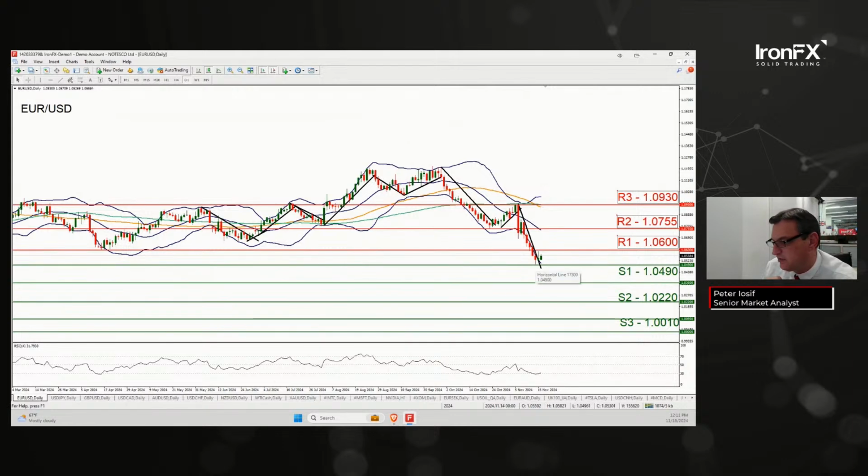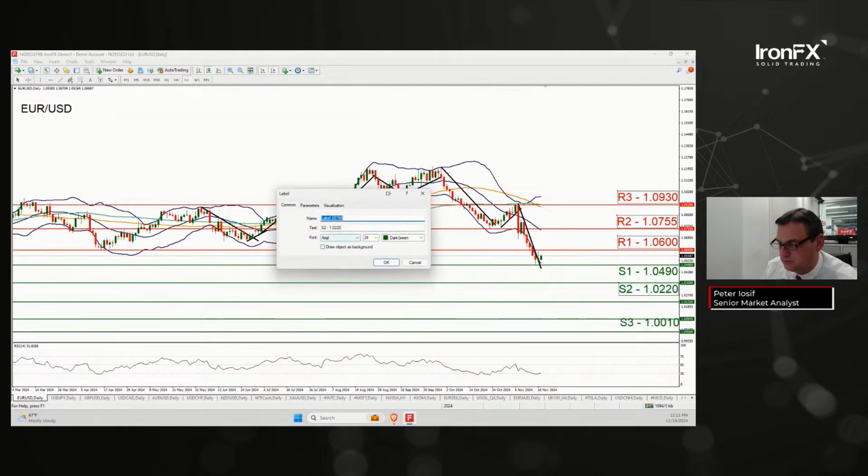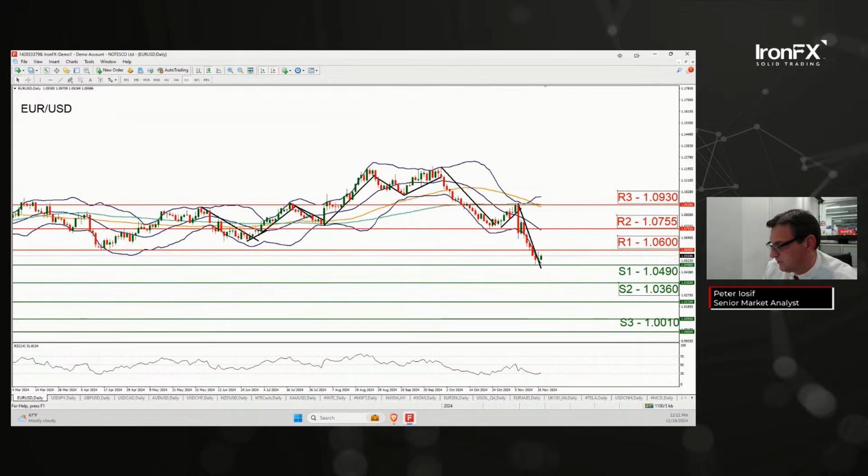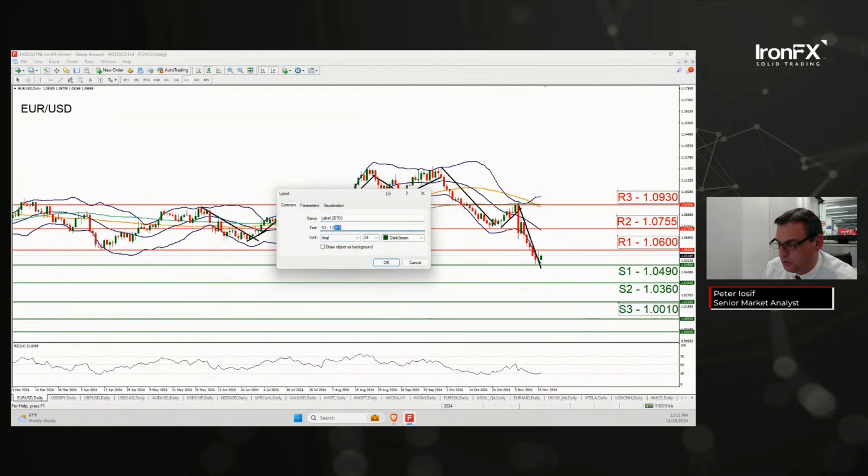It's not exactly the low point, but it's pretty near the low point of Thursday. And then we have the S2, which is at 1.0360. The S3, which used to be the former S2, would be at 1.0220.